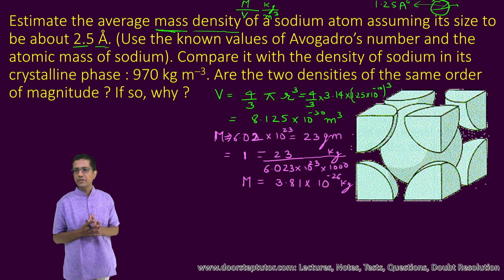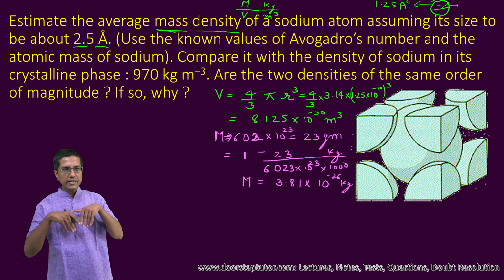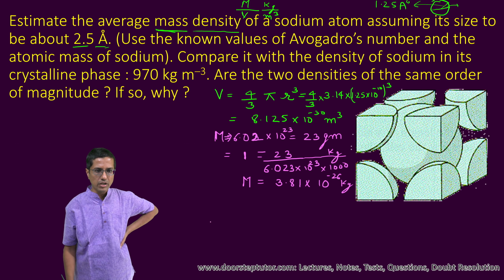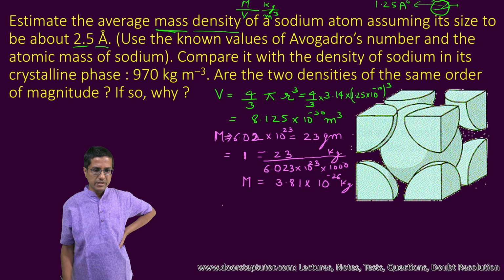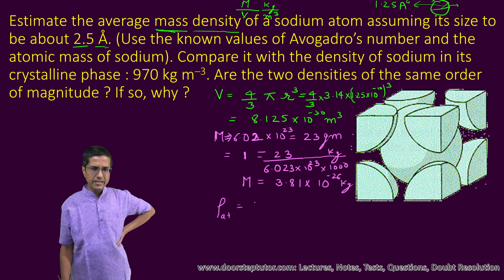Now, all I need to do is divide the mass by this volume, and we will have our answer. So the density of the atom, as we have computed it, is equal to mass by volume, which is 3.81 into 10 to the power minus 26 divided by 8.125, the volume we computed earlier, into 10 to the power minus 30, in kg per meter cube.